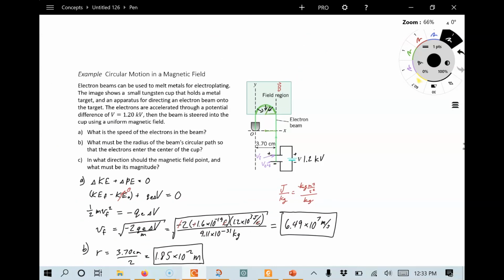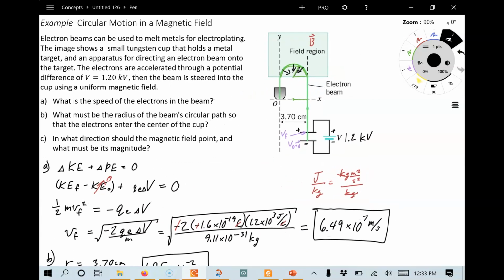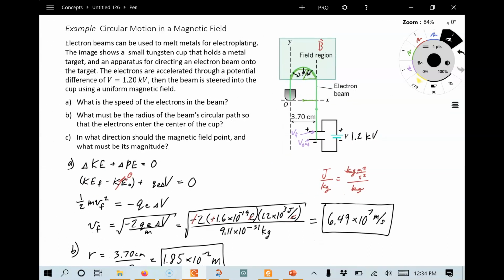All right, we're almost done with this problem. The only thing we have left here is, what should the direction of the magnetic field be? Well, to figure that out, we know that the instant the charge first shows up in the magnetic field region, right here, that's the direction of its velocity. So we know that.